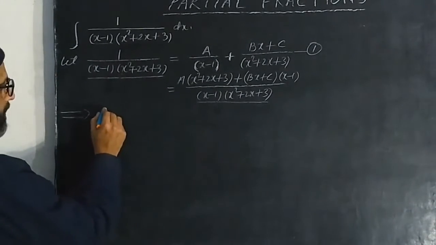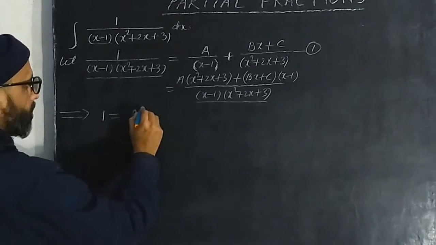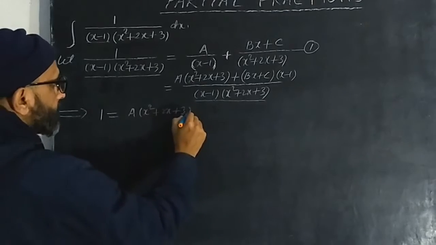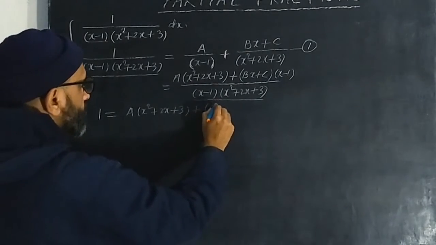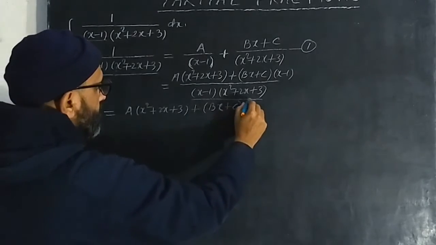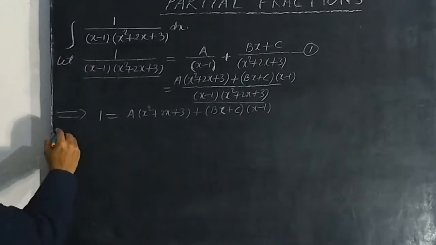So we have to compare the numerators. 1 is equal to a(x square plus 2x plus 3) plus (bx plus c)(x minus 1).